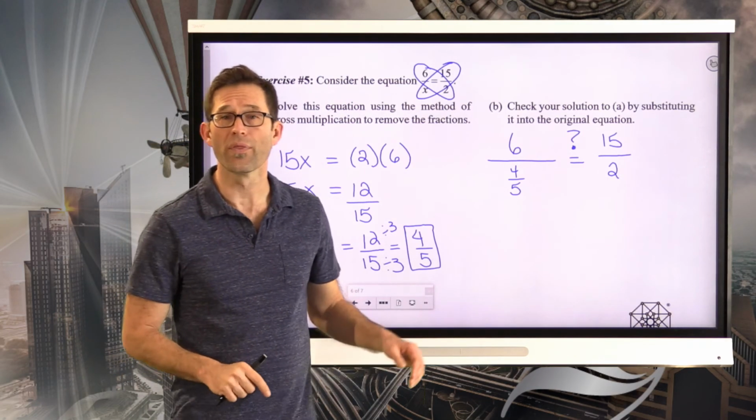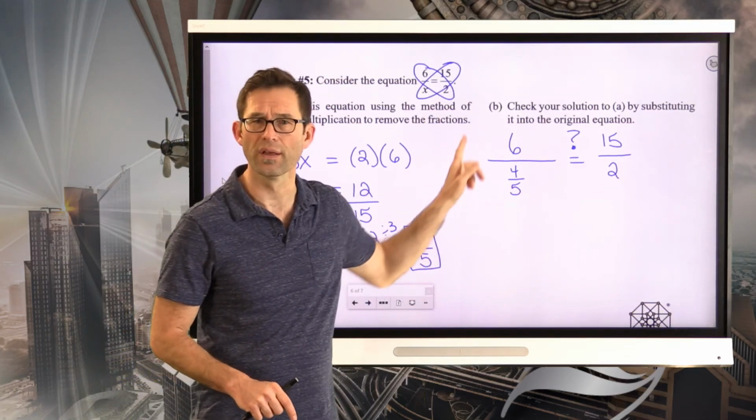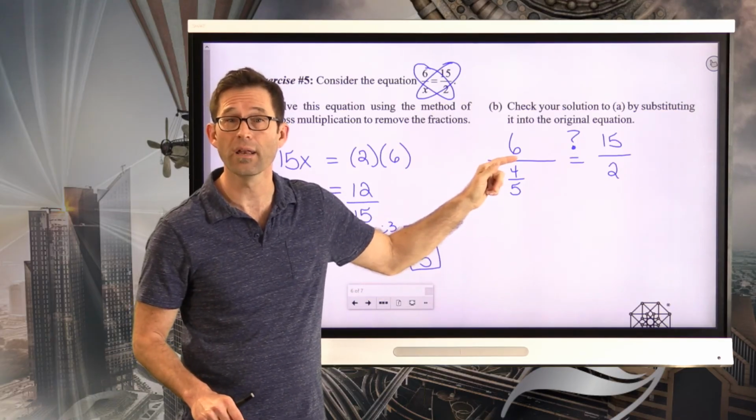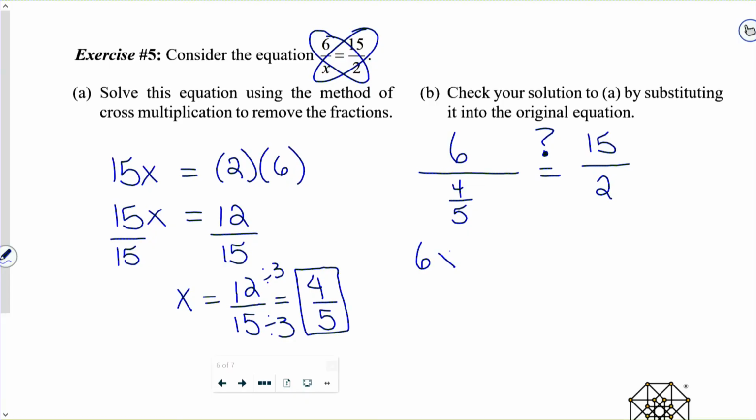Now, in order to deal with that, I think I'm just going to leave the 15/2 alone, and I'm going to try to simplify this. And this really is a complex fraction. It's 6 divided by 4/5. So I'm going to change that around into 6 times 5/4. Now, if you really like the multiplication algorithm for fractions, you might want to write that 6 as 6 over 1.